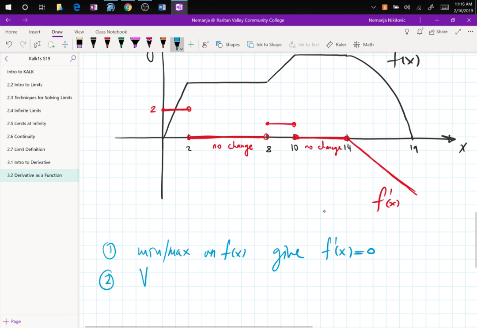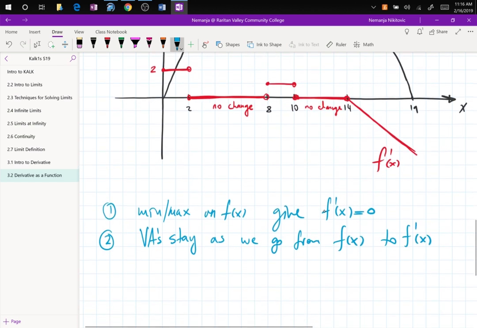Number 2, vertical asymptotes stay. VAs stay as we go from f of x to f prime. So locations are the same.